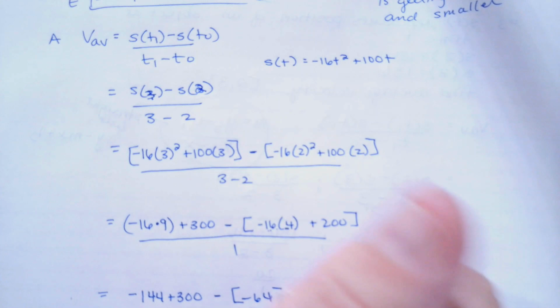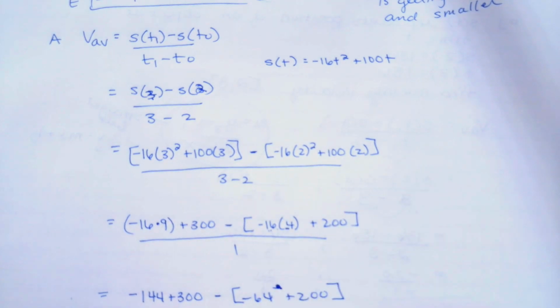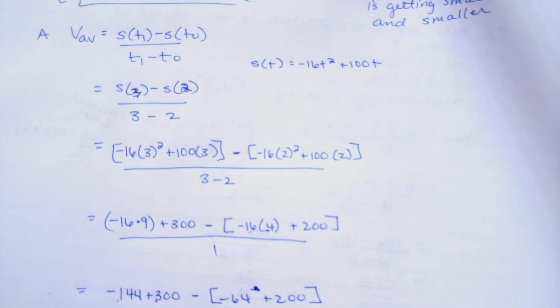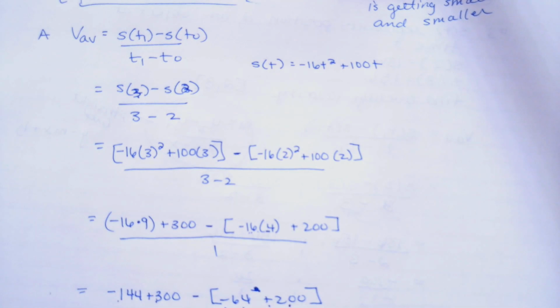And so what do I get here? Negative 144 plus 300 is 156. Negative 64 plus 200 is going to be 136.